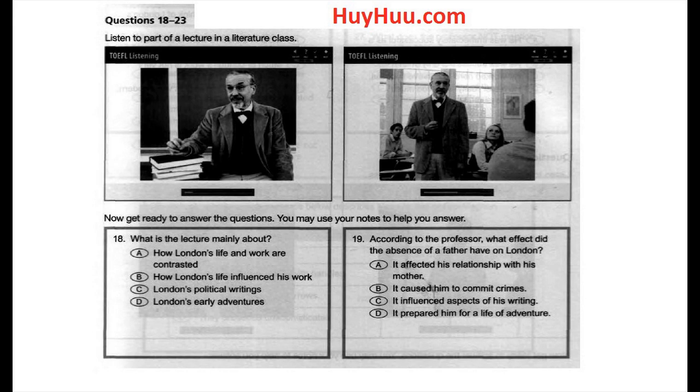It's true to say, though, I think we can admit, that not all his works are especially good literature. He often wrote carelessly, and there's a considerable part of his output which I think it is fair to say is uninspired and uninteresting to the modern reader. In the last period of his life, London tried his hand at agriculture.